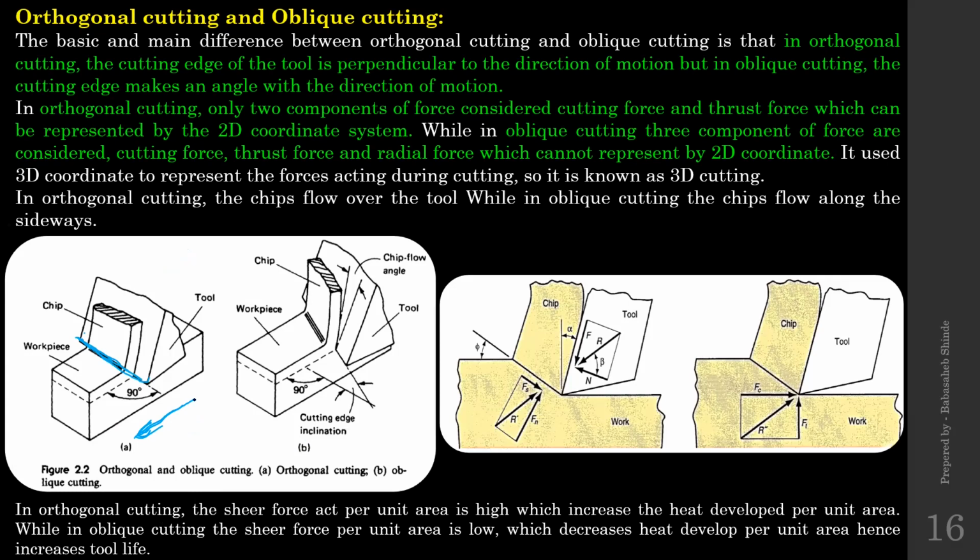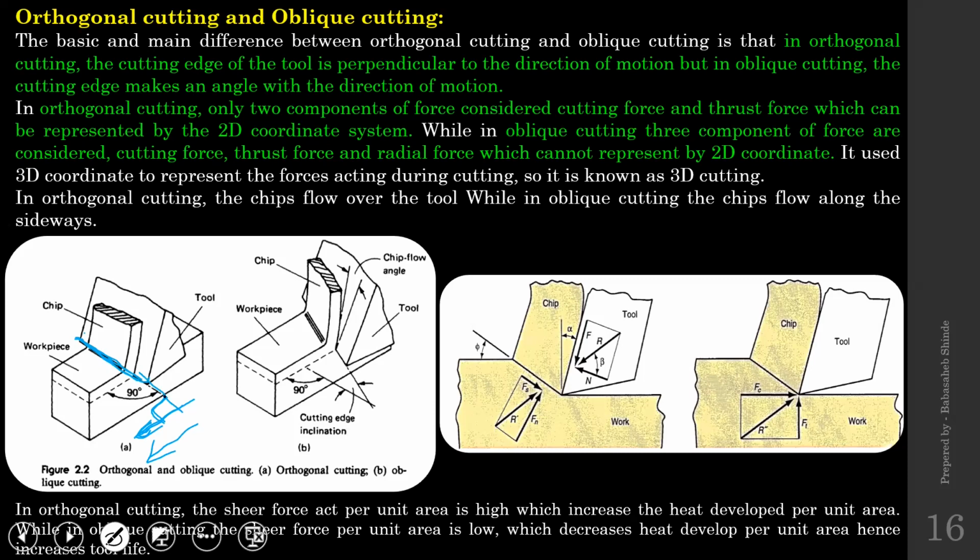If you correlate the cutting edge orientation with the direction of tool motion, those two are perpendicular to each other. That's case one, or orthogonal cutting.